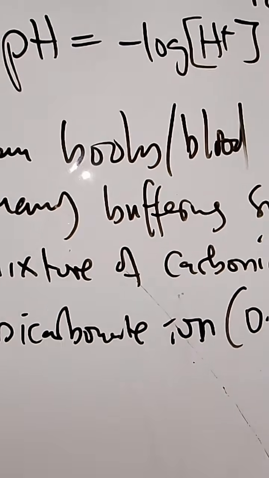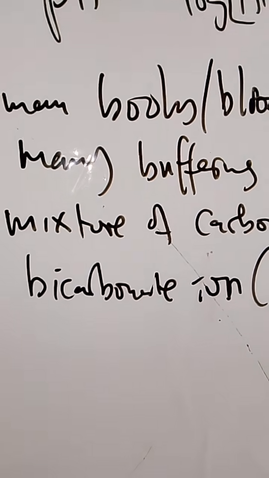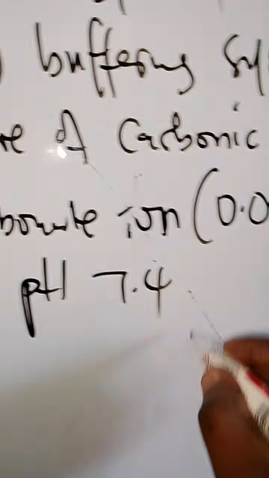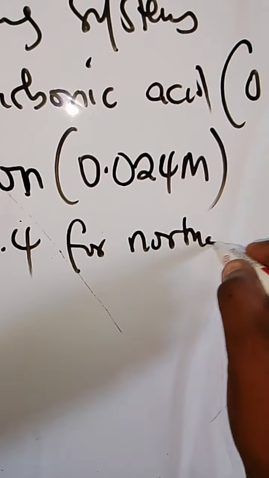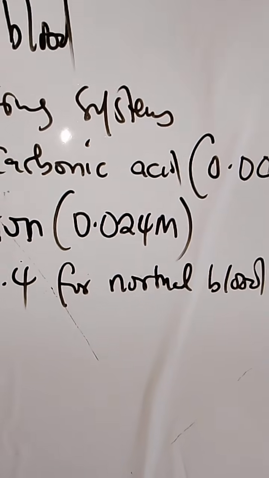Okay, so these concentrations produce a pH of 7.4 for normal blood.